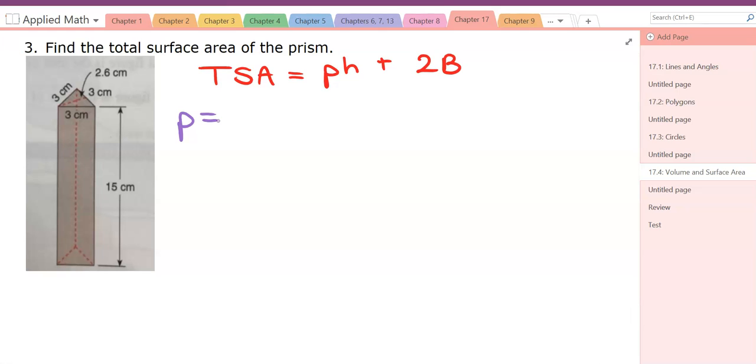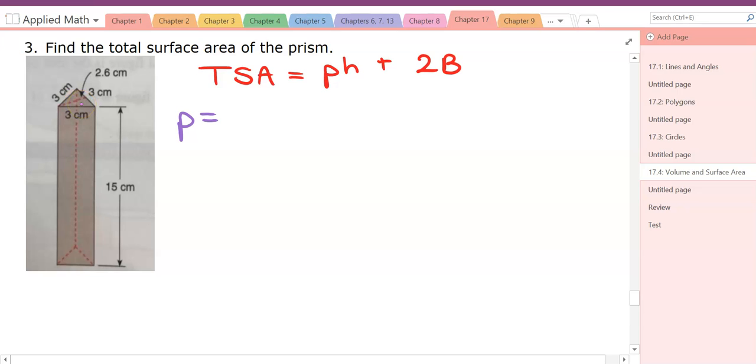The triangles. Okay, how do we find perimeter of a triangle? That's area of a triangle. How would you find perimeter of any shape? Add up all the sides. So what are the side lengths of my triangle? 3, 3, and 3. That 2.6 is referring to the height of the triangle.